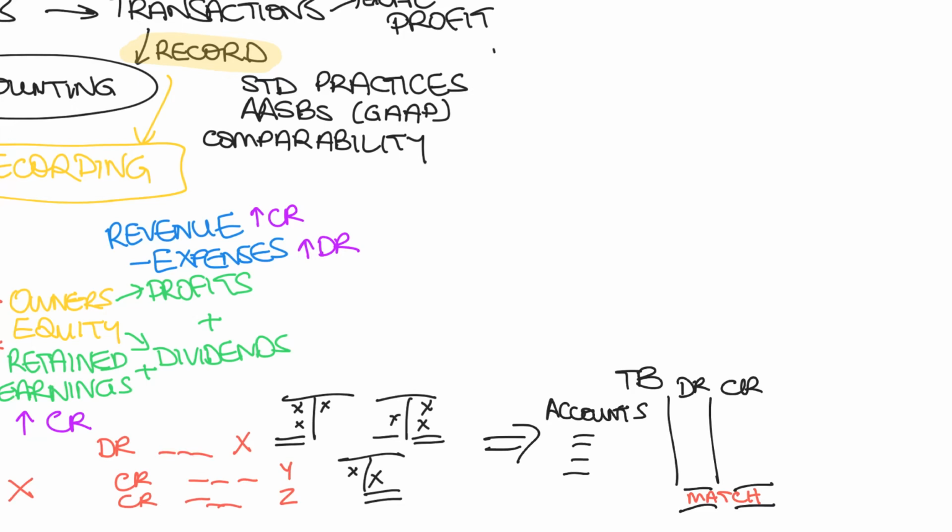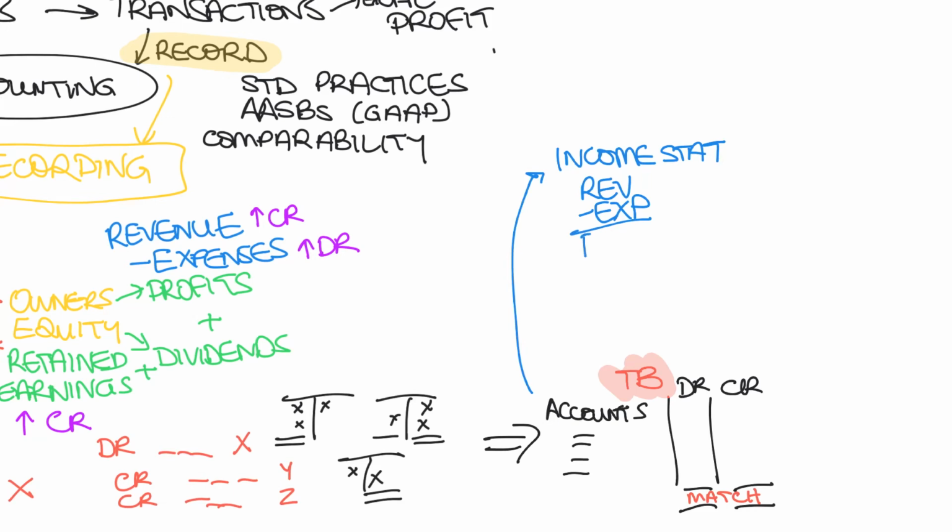All right, and from my trial balance that I have just here, I actually then generate my 3 sets of accounts. So I generate my income statement, which is going to be my revenues less my expenses. And that's going to give me profit. We can go into more detail there.